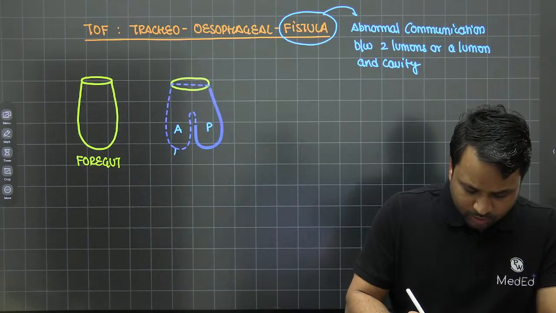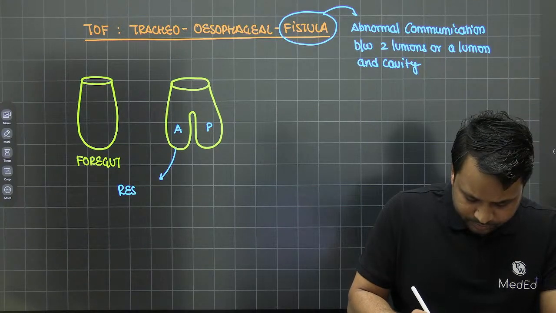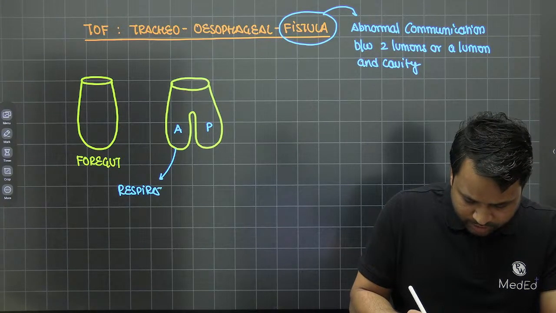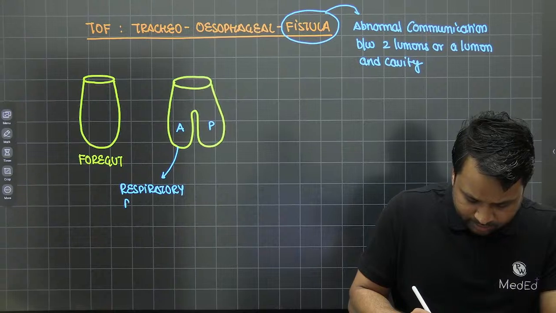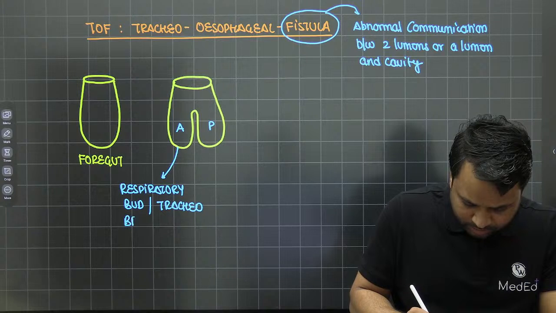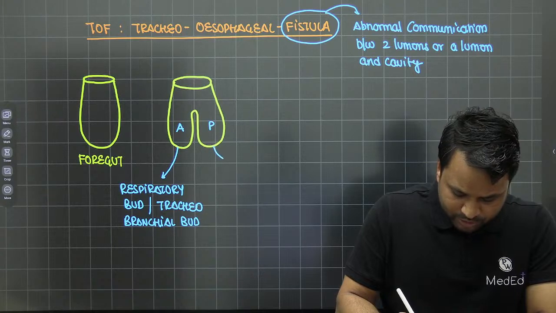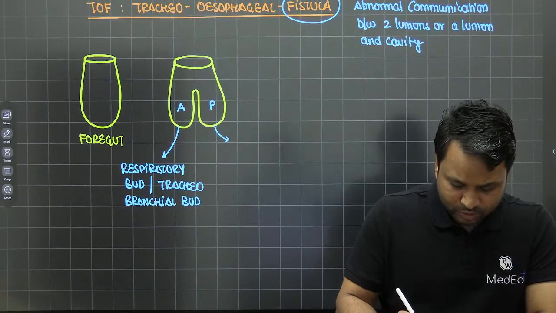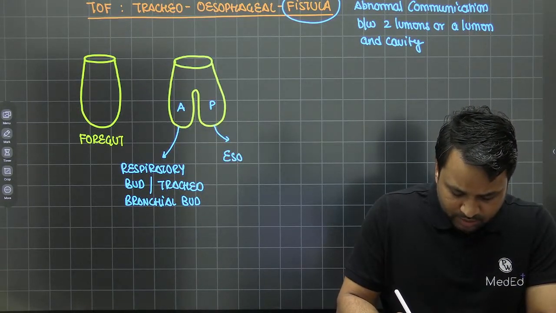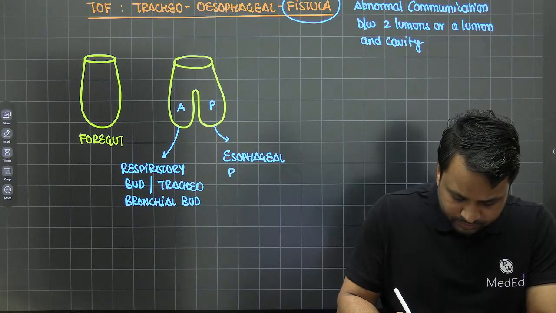The anterior bud is what we call the tracheobronchial bud or the respiratory bud. And the posterior is the luminal bud, which is going to develop into the esophagus. We'll call it the esophageal bud.